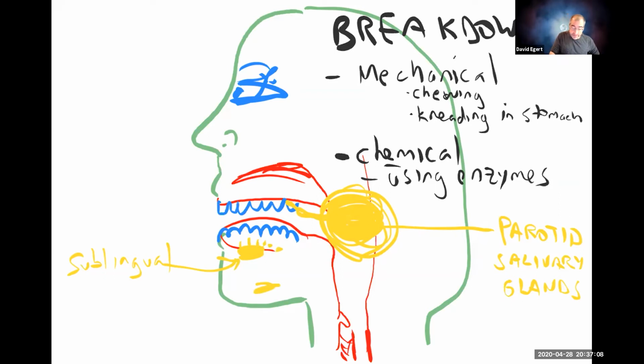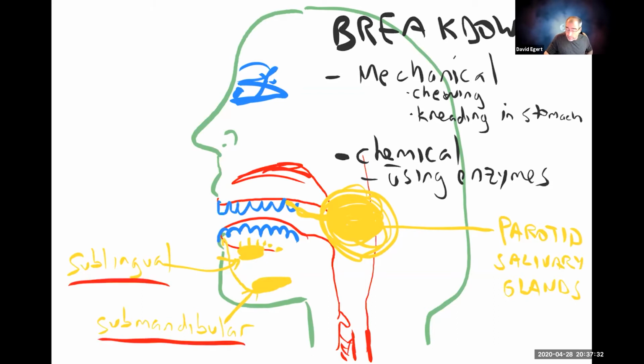And then there's a submandibular gland, which pours in also on the front of your tongue. Submandibular, sublingual, and parotid salivary glands all make saliva, although slightly different versions. So let's talk a bit about saliva.